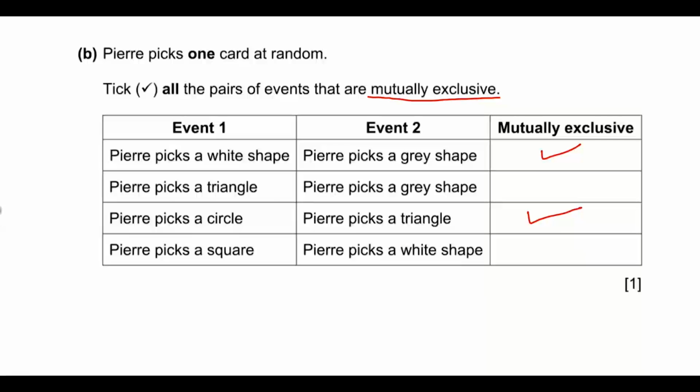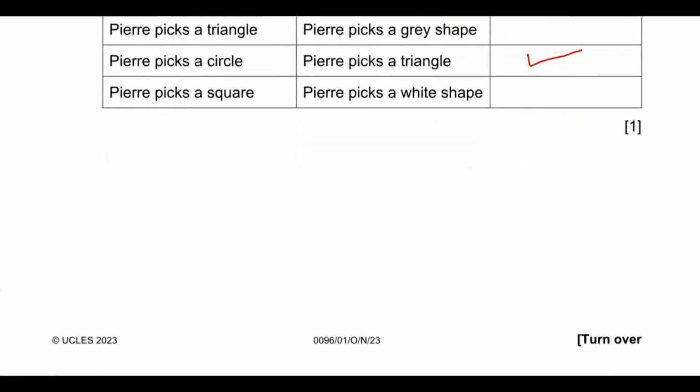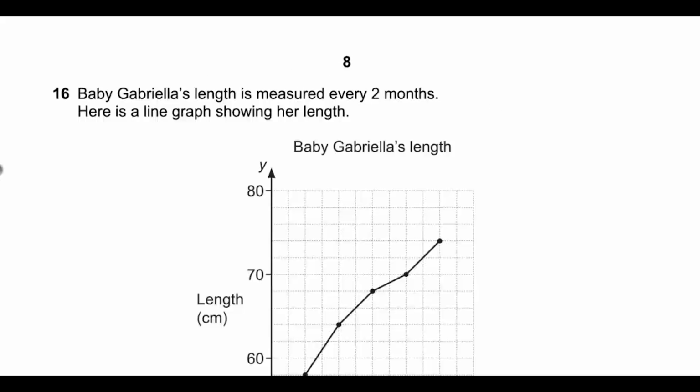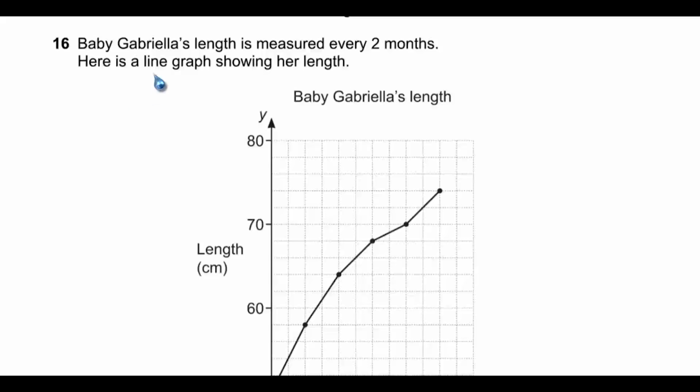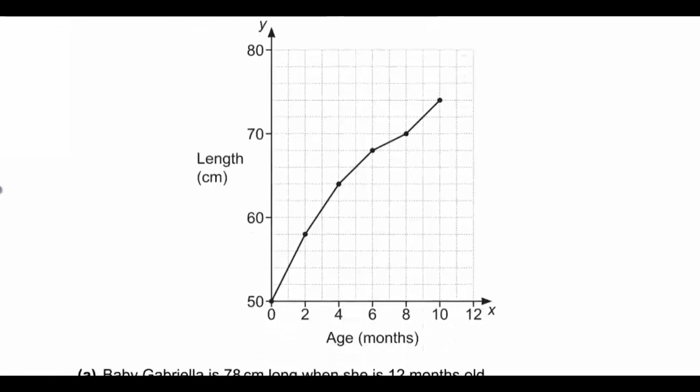So let's go to the next question. That will be, I think, question 16. Baby Gabriela's length is measured every 2 months. Here is a line graph showing her length.